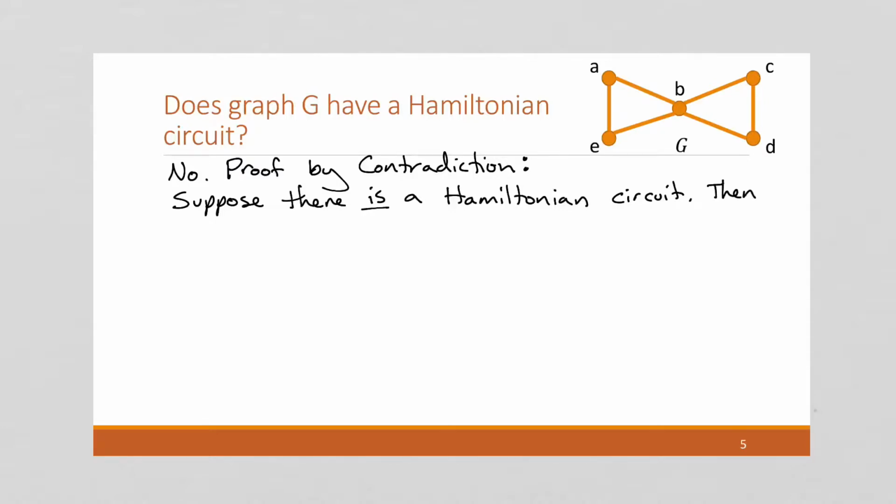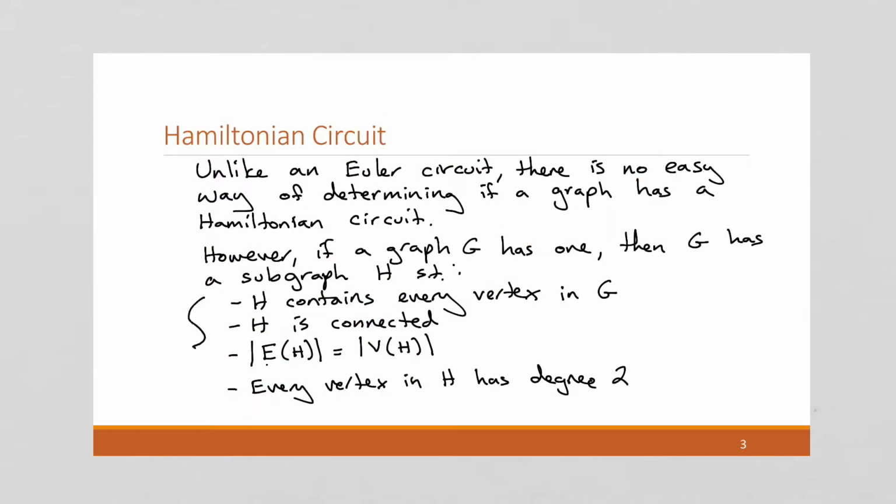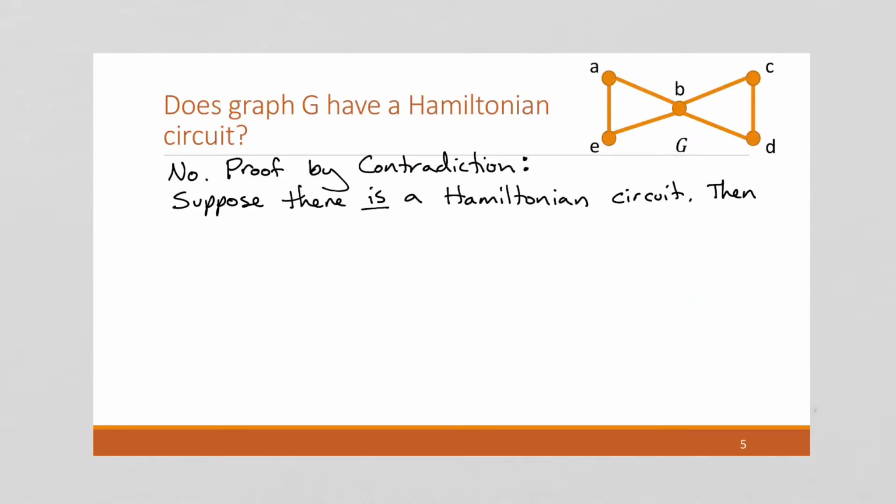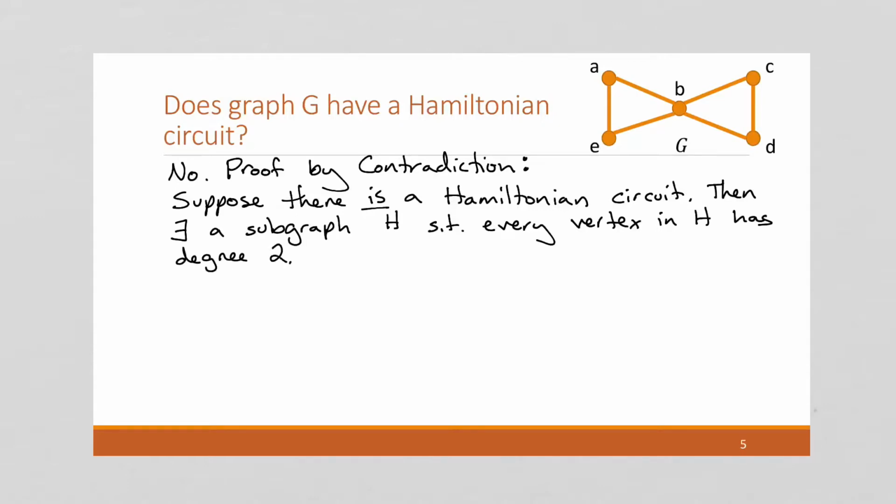By our rules of what makes up a Hamiltonian circuit that we talked about earlier, that means that we're going to have a subgraph H, such that every vertex in H has degree 2 in H. Now there are other rules, but this is where we're going to find our contradiction.